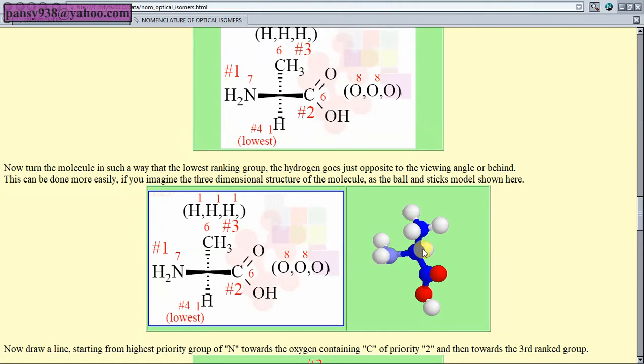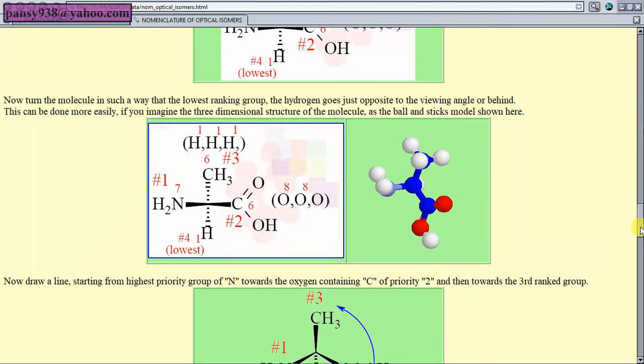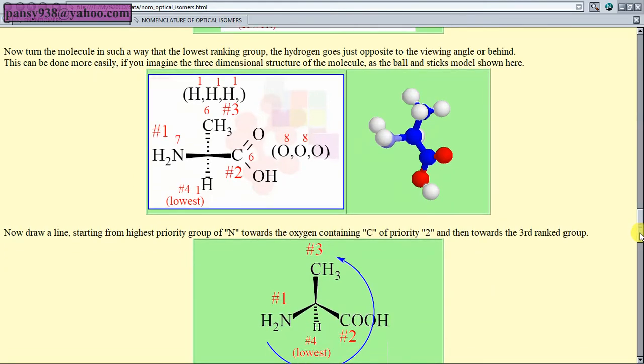You see that this hydrogen is attached to the chiral carbon, and I am turning the molecule in such a manner that it is behind all the others, in the backward direction. And in two-dimensional diagrams, this can be done quite easily.